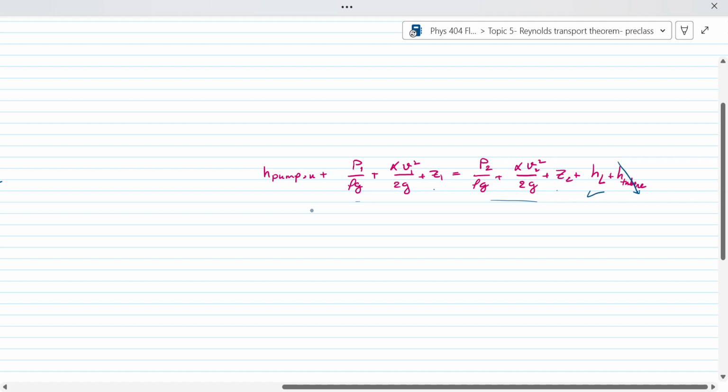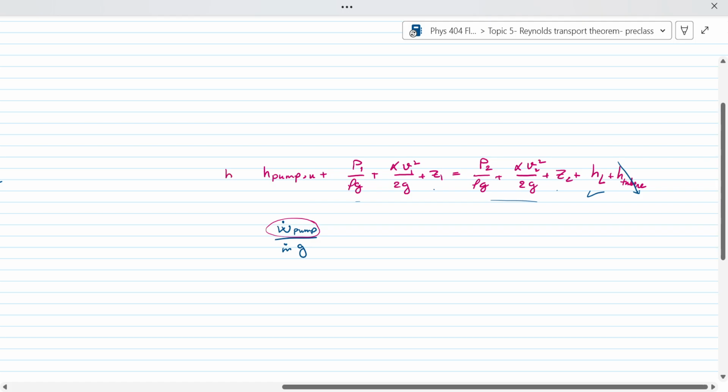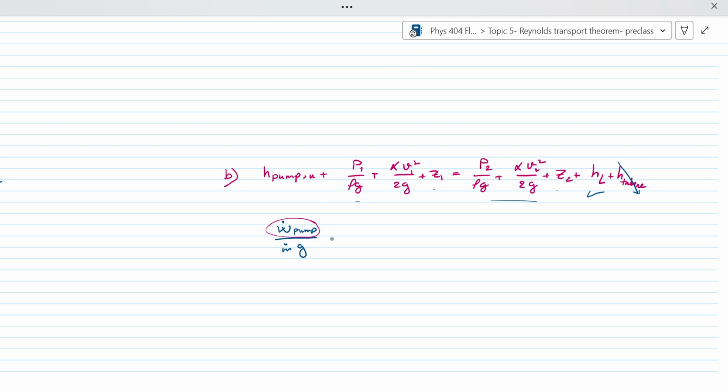H pump, useful. I can write this as W dot of my pump over M dot G. Remember, this is what I want to find in part B. Plus, P1 here is the atmosphere, and P2 is also the atmosphere, so I can actually cancel these terms out.